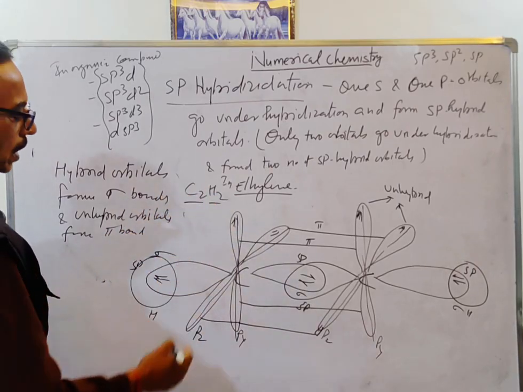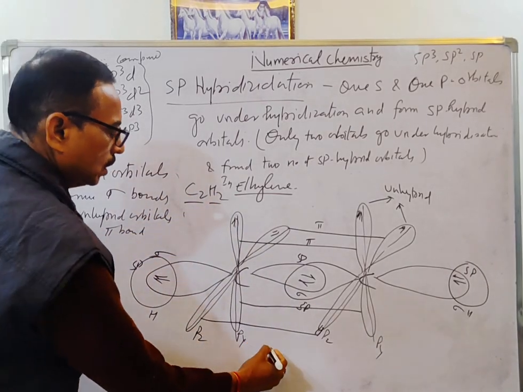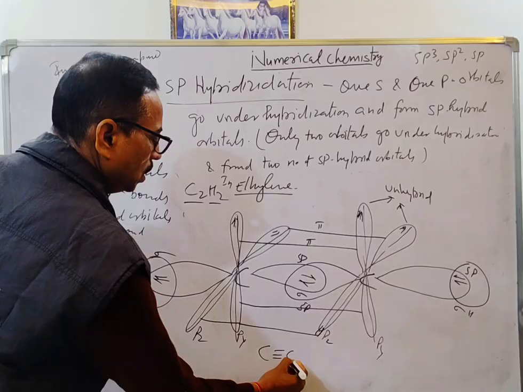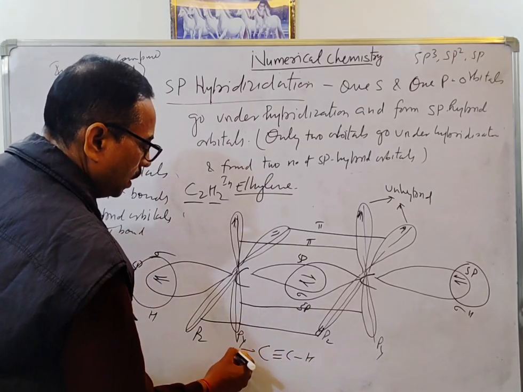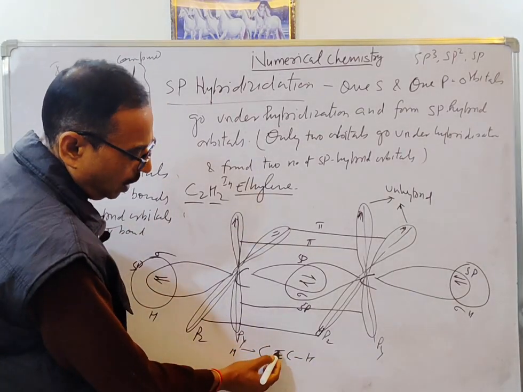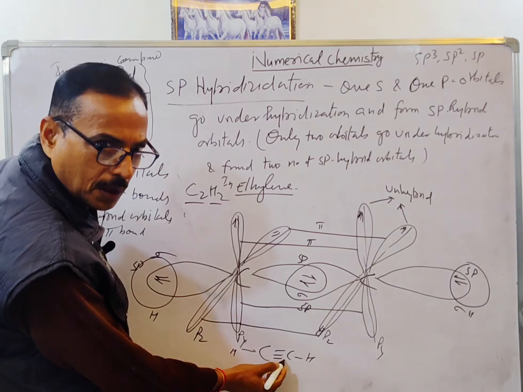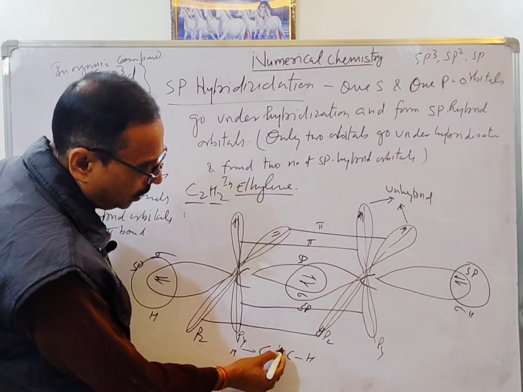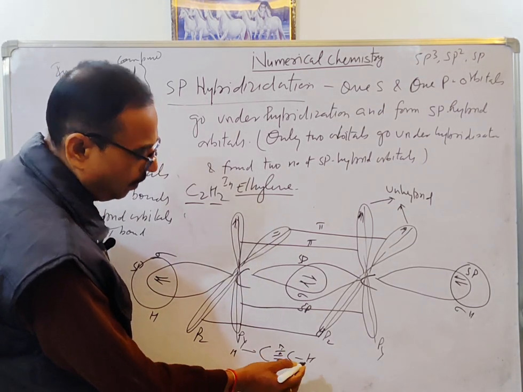If we see the structure of C2H2, it is H-C triple bond C-H. You write like this. So here there are three bonds between carbon and carbon. Two are pi, this is pi, this is pi. This is sigma.